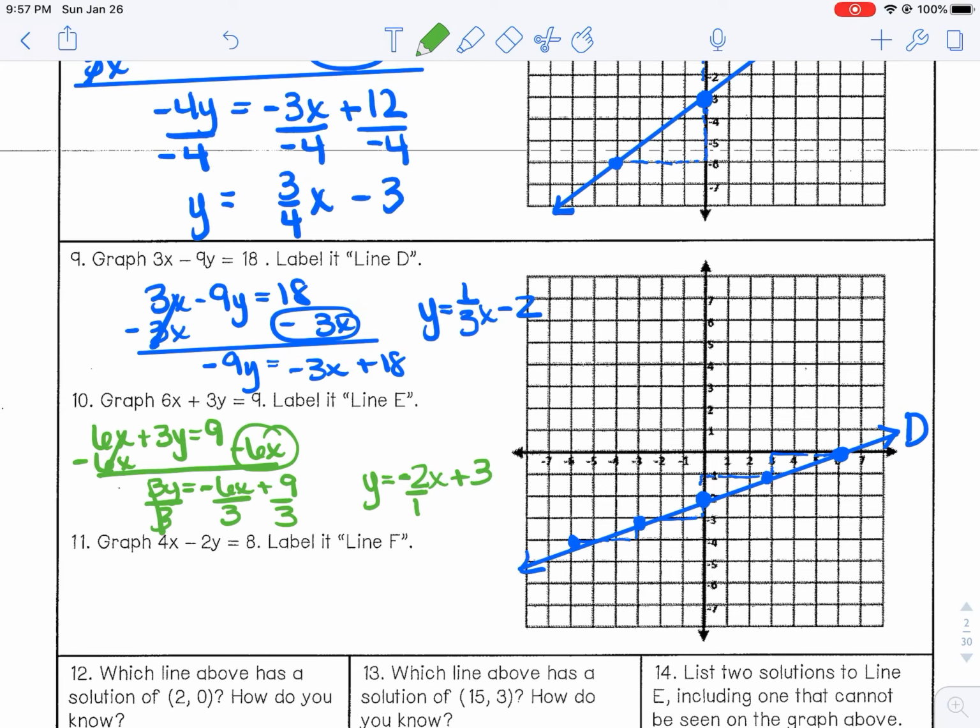Remember, I need a slope in fraction form, so I'm going to go ahead and make it a fraction. I will start at 3. I will go down 2 over 1, down 2 over 1, and I'm going to go back to my starting point and go up 2, opposite way 1. Draw my line.